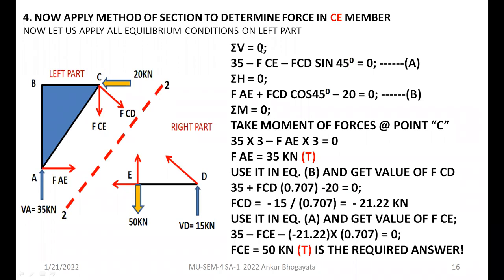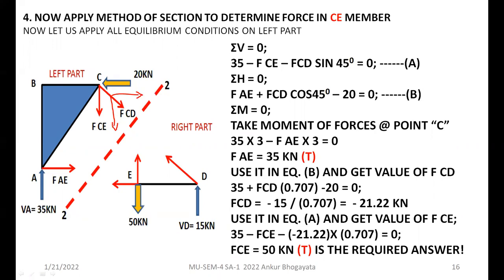So tell me how many vertical forces are acting on the left hand side part. First is the reaction, that is 35. Then we have FCE, which is working downward. And of course, we have to divide this FCD into two components. So let me use a line here. This is the vertical FCD sine theta, and this would be the FCD cos theta.